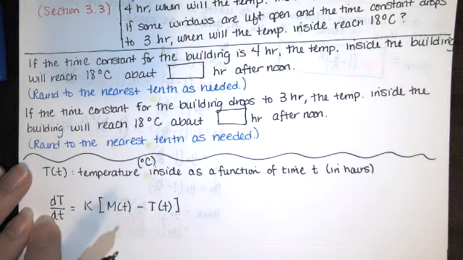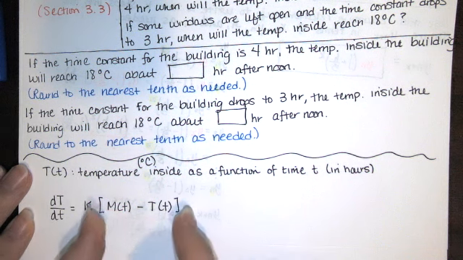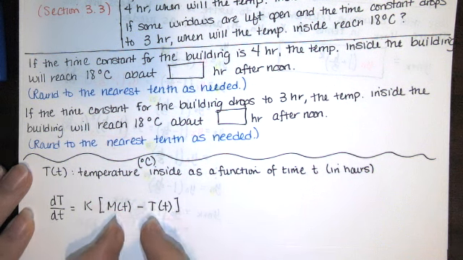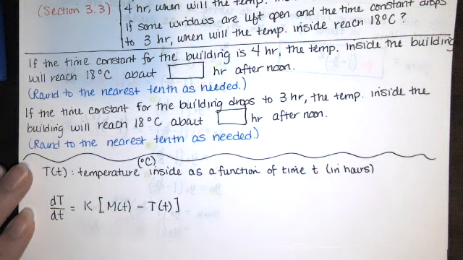That's what this says. It says the absolute value of that rate of change is going to be largest when the difference between the ambient temperature and the temperature of your coffee is the largest. Or in this case, the rate of change is going to be largest when the difference between the temperature outside and the temperature inside the building is largest.